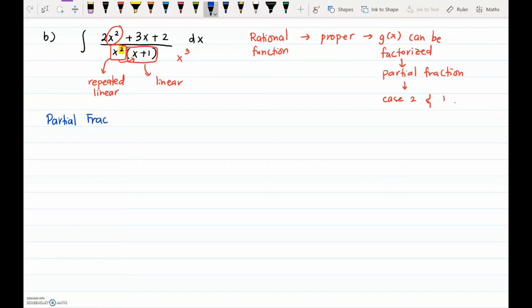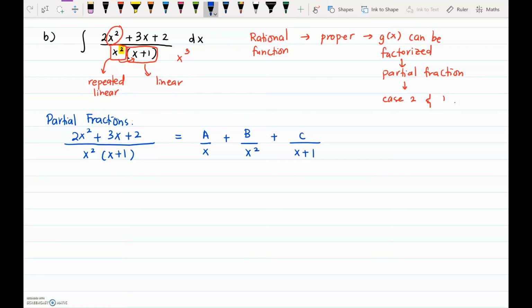Now your partial fractions will be (2x squared plus 3x plus 2) divided by x squared times (x plus 1). Firstly, when you set up the partial decomposition, we will have A over x plus B over x squared, and then plus C over x plus 1.